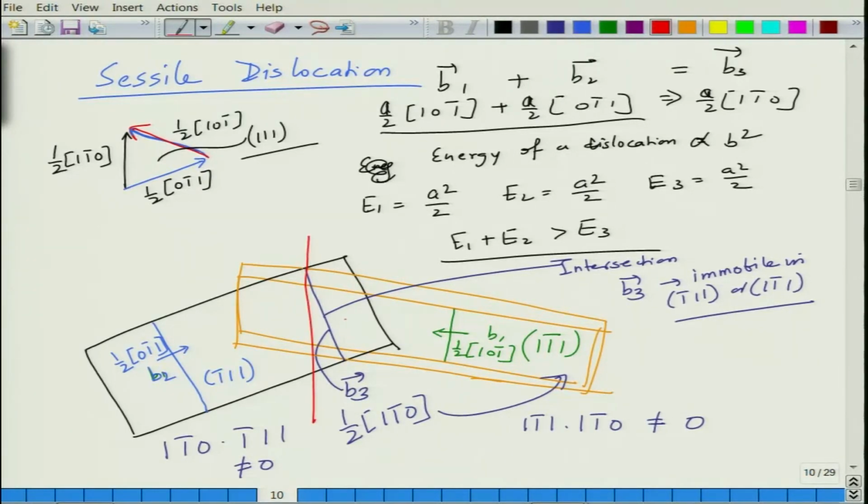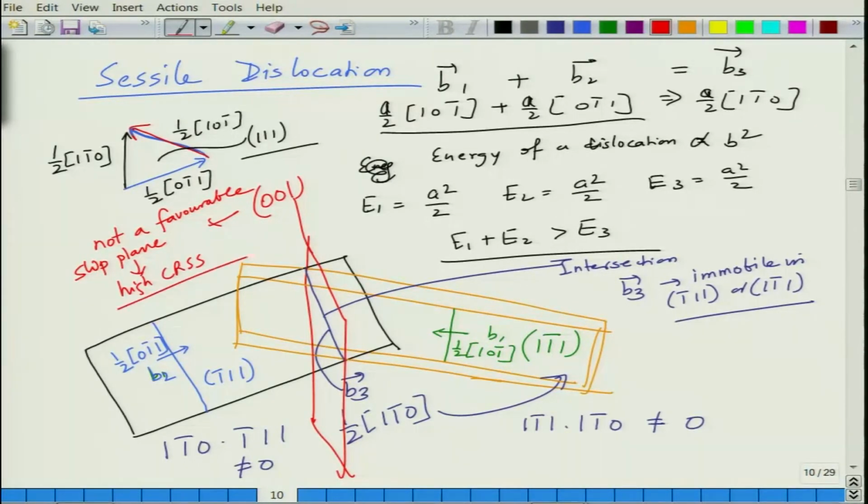This lies in a plane which is, let us say, this plane, and this plane could be the 0 0 1 plane. So, if this is the 0 0 1 plane, 0 0 1 is not a favorable slip plane, which means it will have high CRSS.